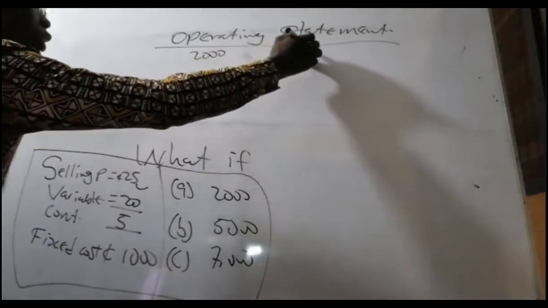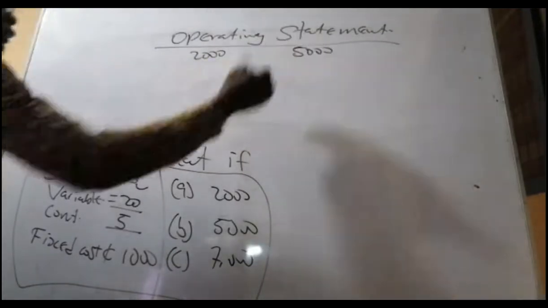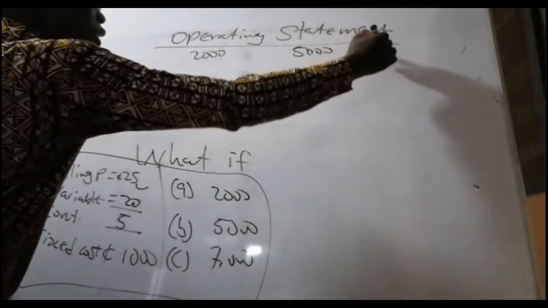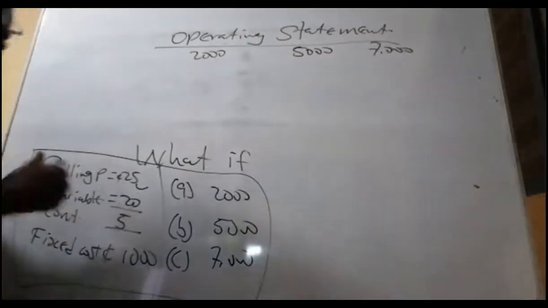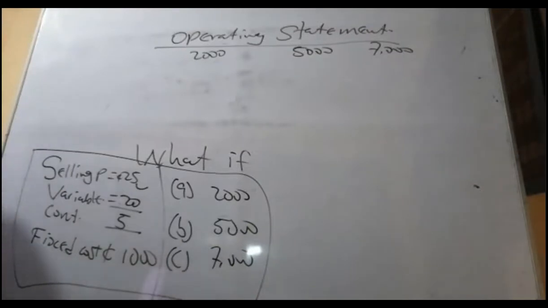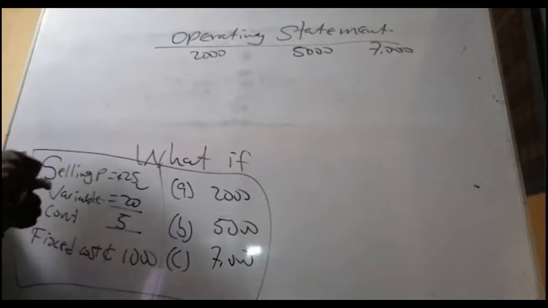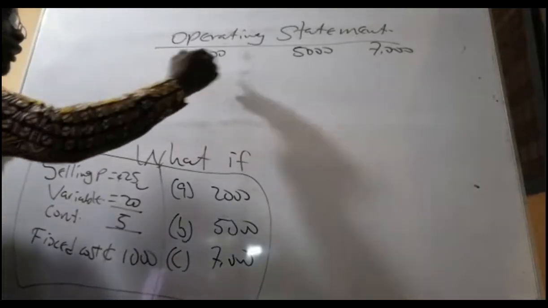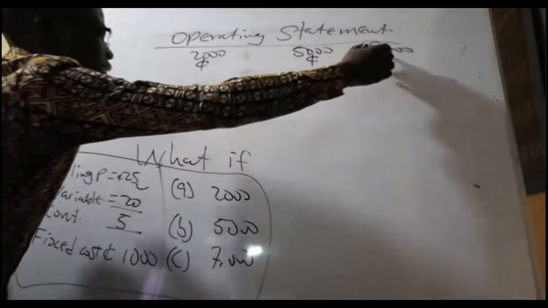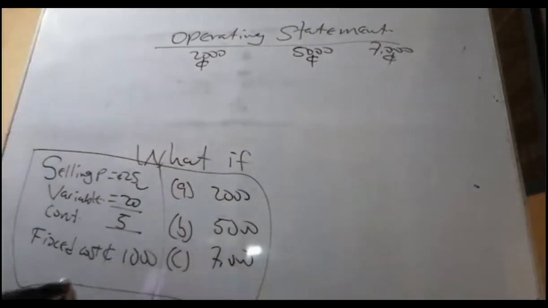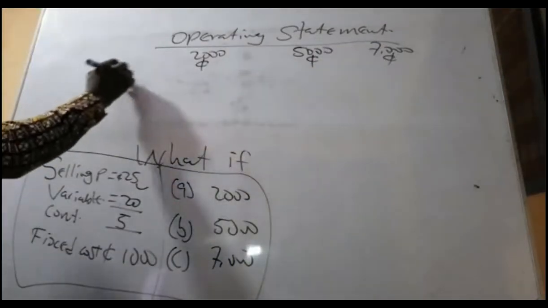Here, when they produce 5,000. Then finally, when they produce 7,000. Okay. That is how I want the solution to be. Now, let's bring our currency. We are reporting in Ghana cedis. We could also report in dollars. The sales.